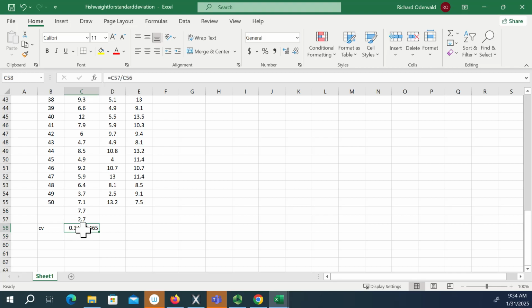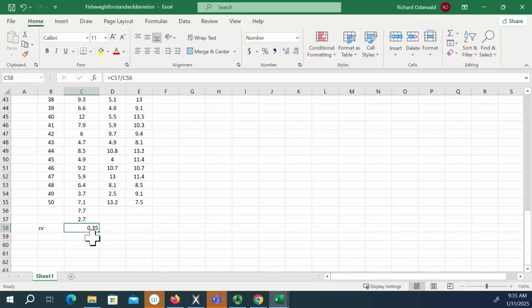And this says that the standard deviation is basically 35% of the average. That's called the coefficient of variation. And it's actually very useful, but not many people use it.